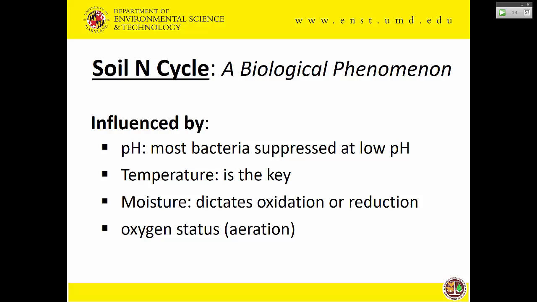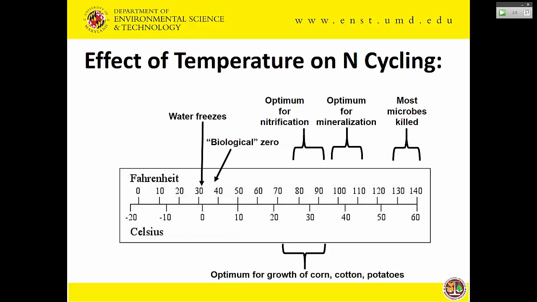Talking about the soil nitrogen cycle, as we said, pH is critical. Temperature is extremely important. And moisture and aeration will dictate what form of nitrogen will be present at a particular time. This example shows the importance of temperature.